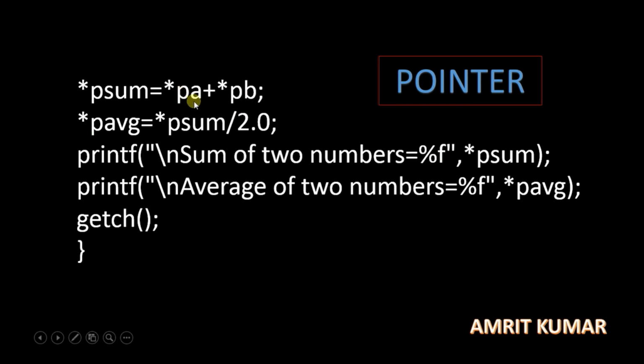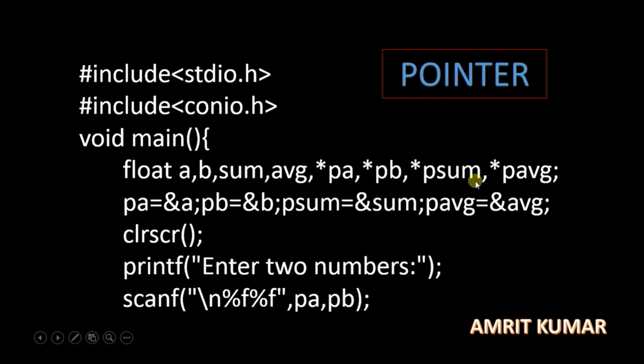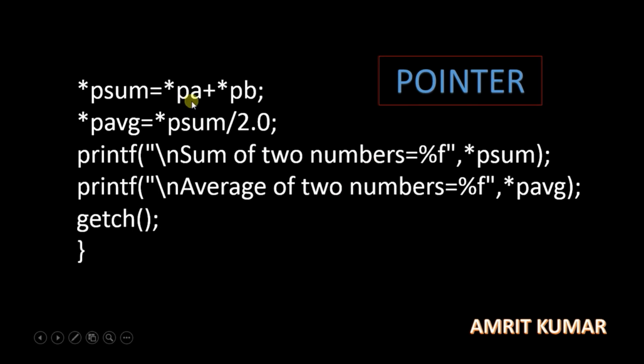So *pa is actually containing the value here, because we are using the asterisk the second time. Here you can see we used the asterisk the first time, and when we use *pa the next time, it means the value of that particular variable.